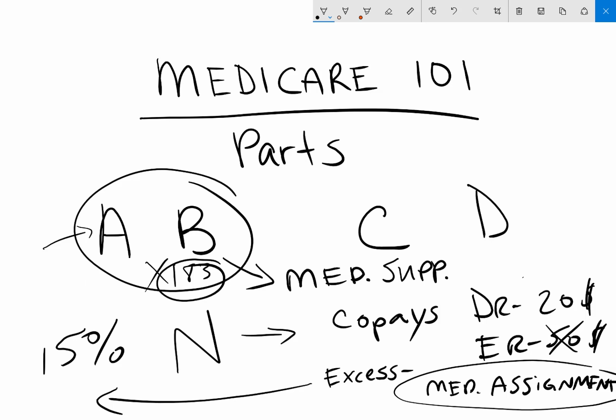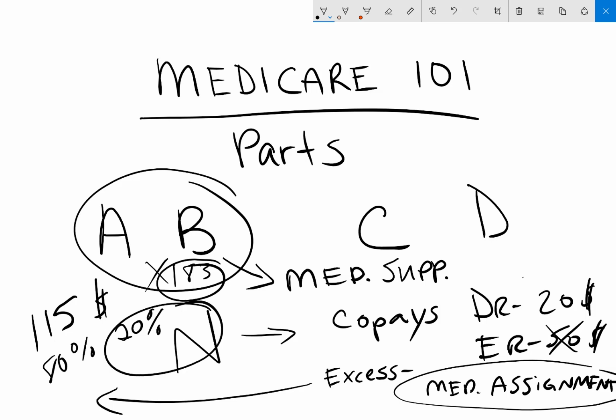So for every $100, obviously, that Medicare allows, the doctor can charge 15% more. At that point, you're looking at the $115 total charge. Medicare takes care of 80% of that. Your Medicare Supplement Plan N will help take care of the 20%. And then you will be paying the $15 there that is on top for the excess charge. That is something just to be aware of.